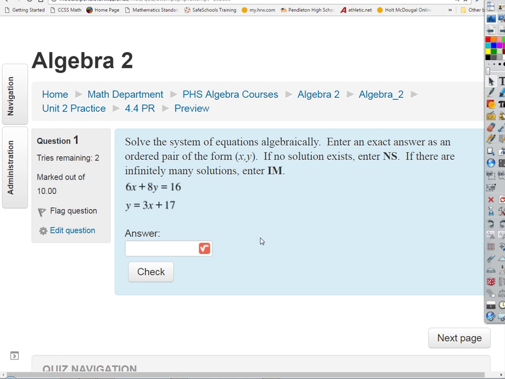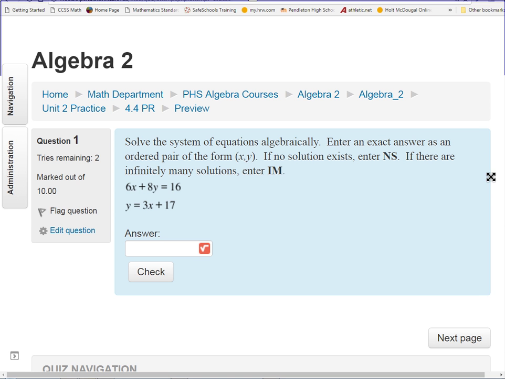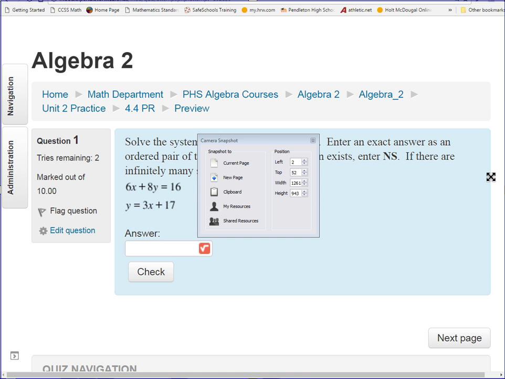For a problem like this, if we're going to solve this algebraically, remember that there are really two ways to solve a linear system. We can either use substitution or we can use linear combination. I'll do a brief description of what those are and go through a couple of sample problems.